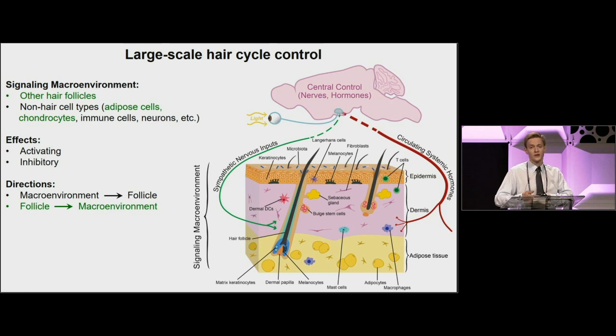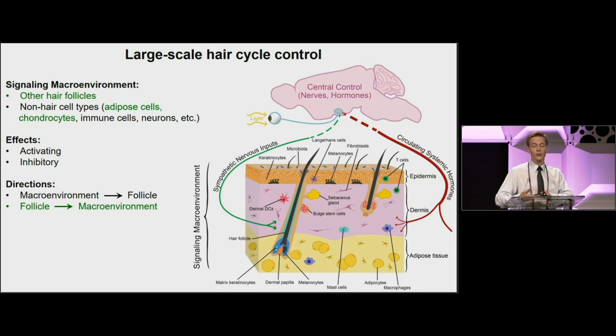And what are the key components of signaling microenvironment? One of the primary components are actually neighboring hair follicles. Then there are cell types that exist outside of the hair follicle, prominently dermal adipose tissue, progenitors, and differentiated adipocytes. I will mention a little bit about the chondrocyte in the mouse ear. More recently, multiple works are emerging on the important regulatory role of adaptive and innate immune cells in hair cycle control.